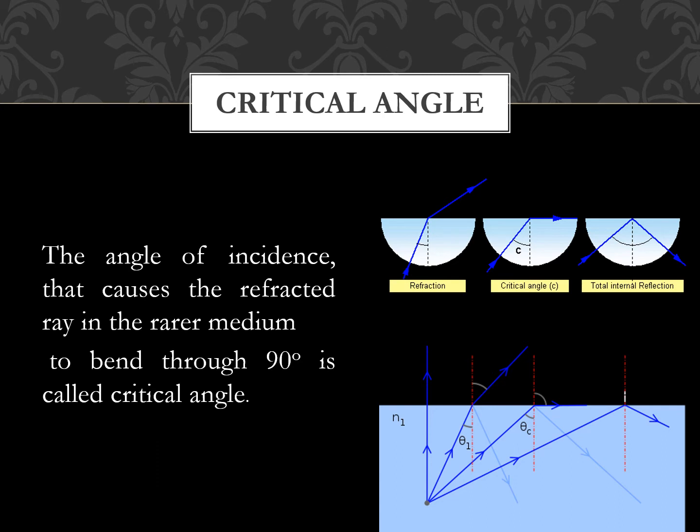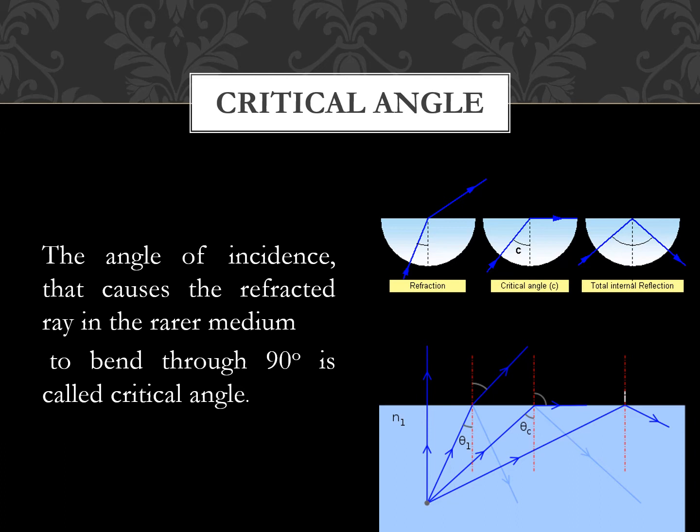All the angles, whether the angle of incidence or the angle of refraction, formed in the denser medium are always smaller, and all the angles formed in the rare medium, whether incident angles or refracted angles, are always greater. So in the denser medium, all the rays bend towards the normal, whereas when these rays enter the rare medium, they move away from the normal.